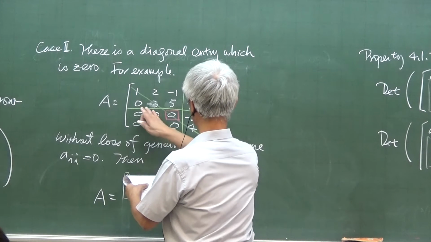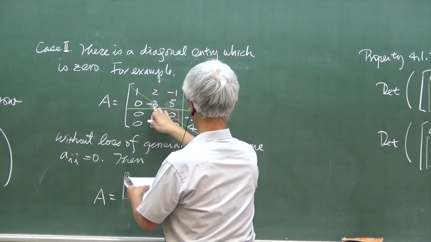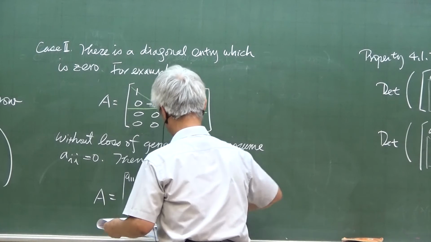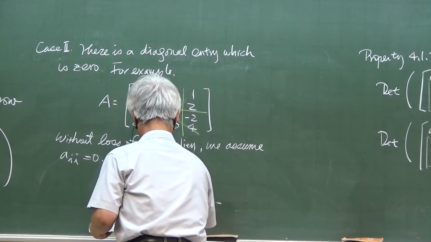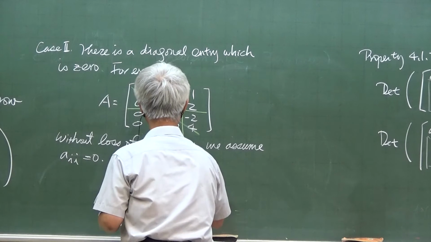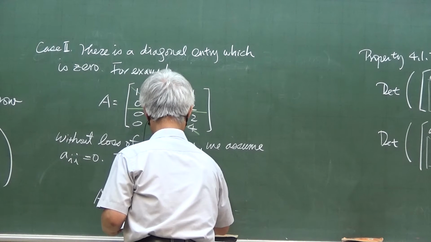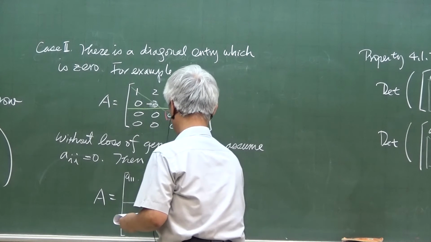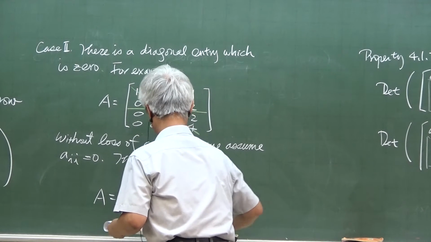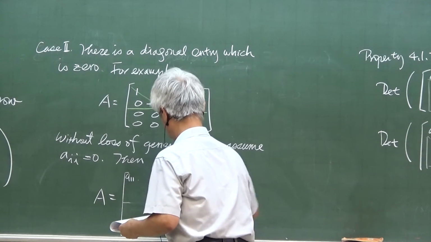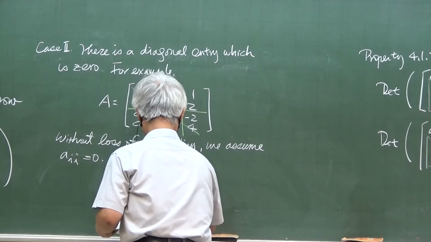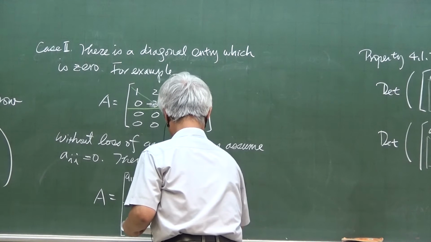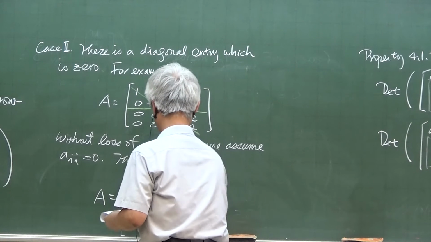So here, I'm sorry, here is i minus 1 and i. The entries are a_{i-1,i-1}, and the next one is a_{i-1,i}.